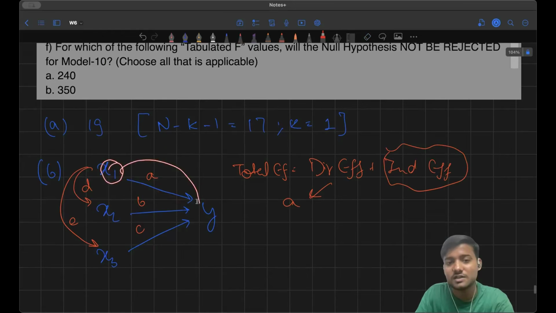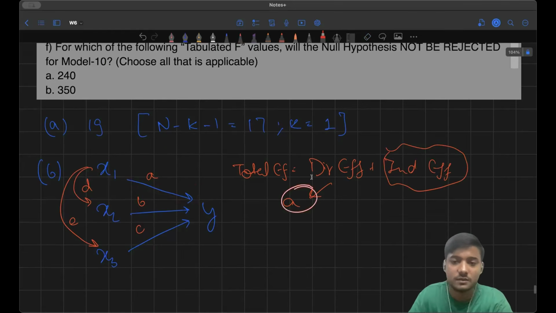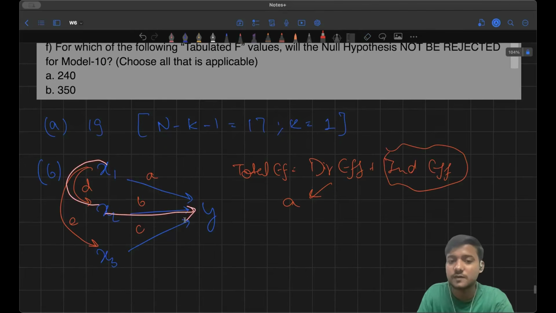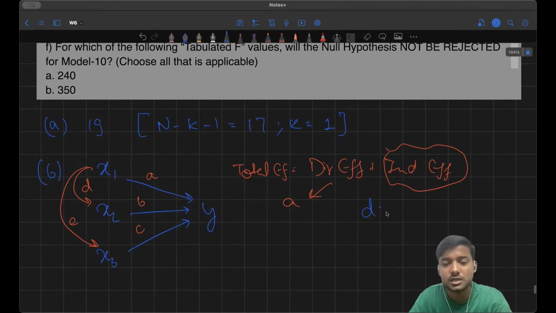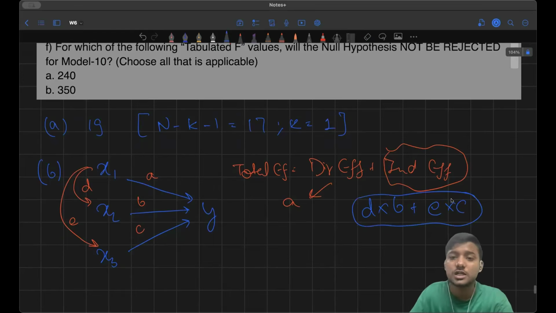X1 is directly affecting y, and the direct effect is already A. Indirect effect would be x1 changes x2 and x2 in turn changes y. So indirect effect would be d into b plus e into c. This part which you are seeing is going to be the total indirect effect.